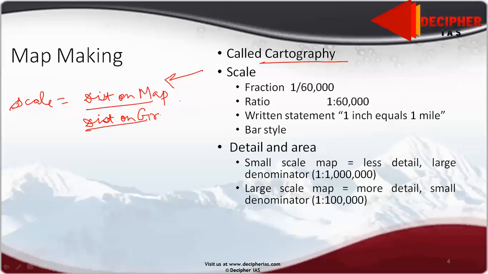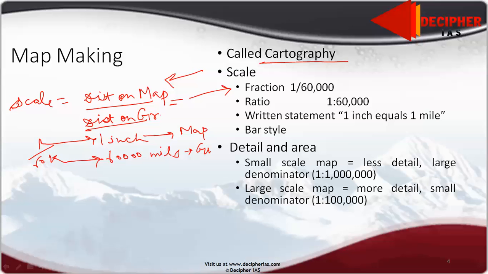So we get a ratio. Suppose here we see the ratio is 1 by 60,000. Here 1 means 1 inch on the map, and it covers 60,000 miles on the ground.